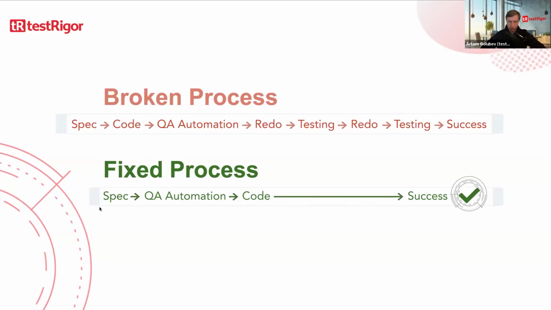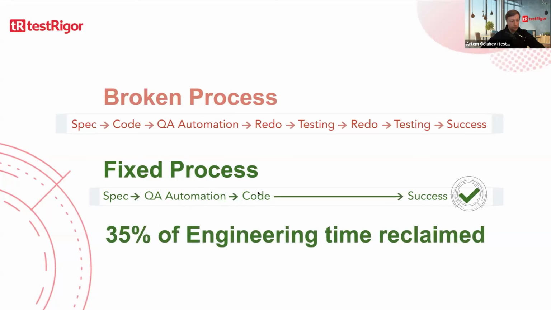The value of this process is in clarifying the specification and adding additional executable specification for engineers before we write the code. And the end result, based on the measurement with BNP Paribas, is 35% of engineering time reclaimed.